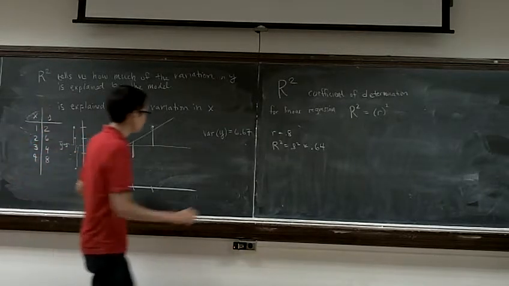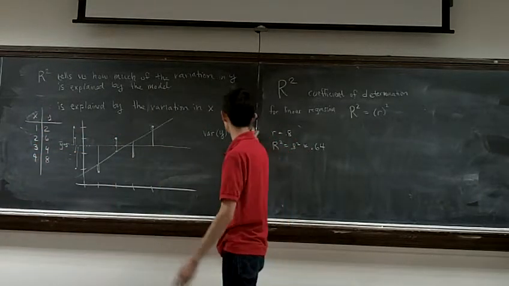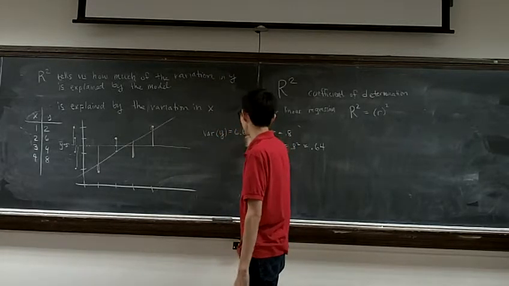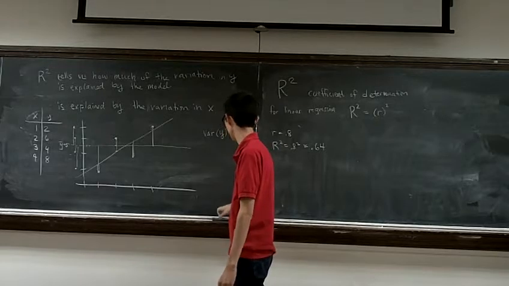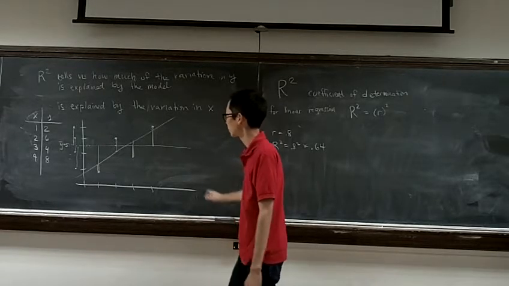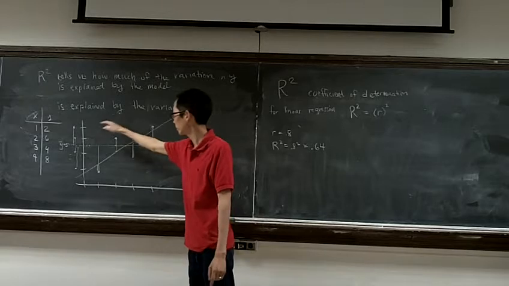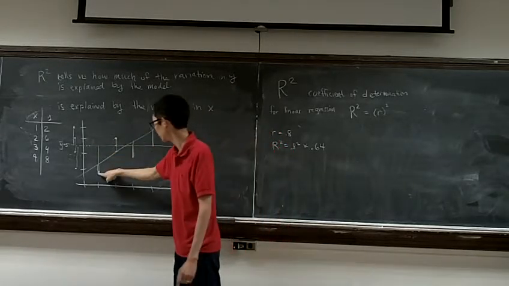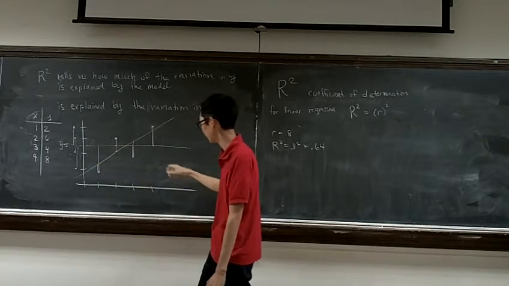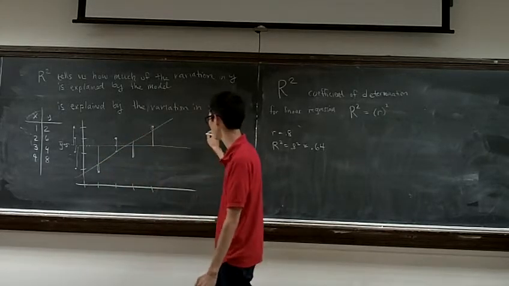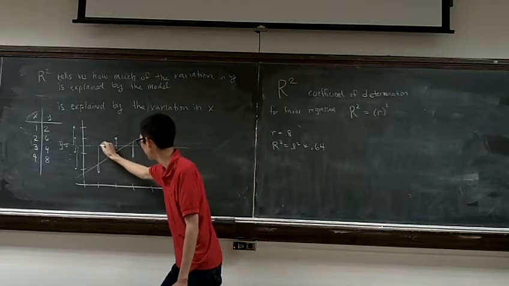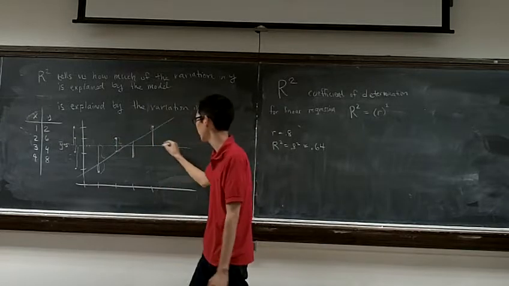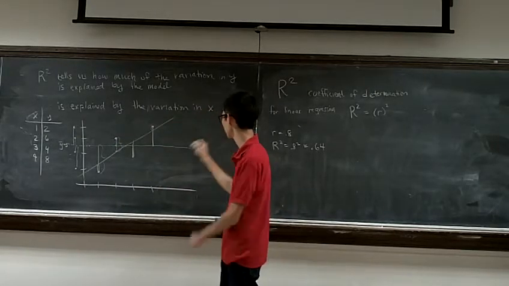Well, the total sum of squares, I should have actually left this as the sum of squares of y. If I do 2 minus 5, 6 minus 5, 4 minus 5, and 8 minus 5, this distance is 3 units away, so I square that, and I do that to all of these.